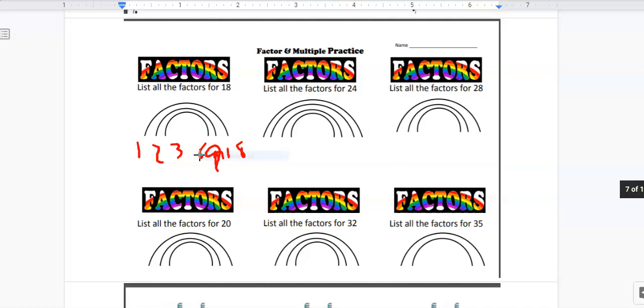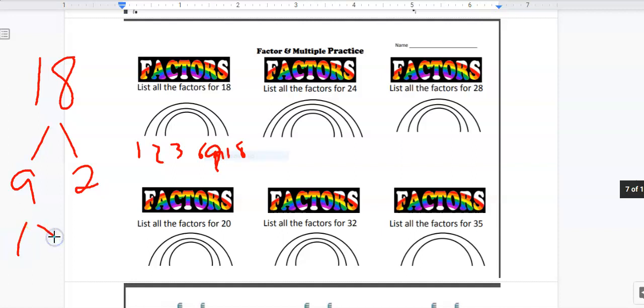And we had done it before where we did like a factor firework. We'd start it off like this, 18, and then we'd break it down. Well, 9 and 2, and then we'd figure what else this could go down into a factor firework, right? And this would be 3 and 3.